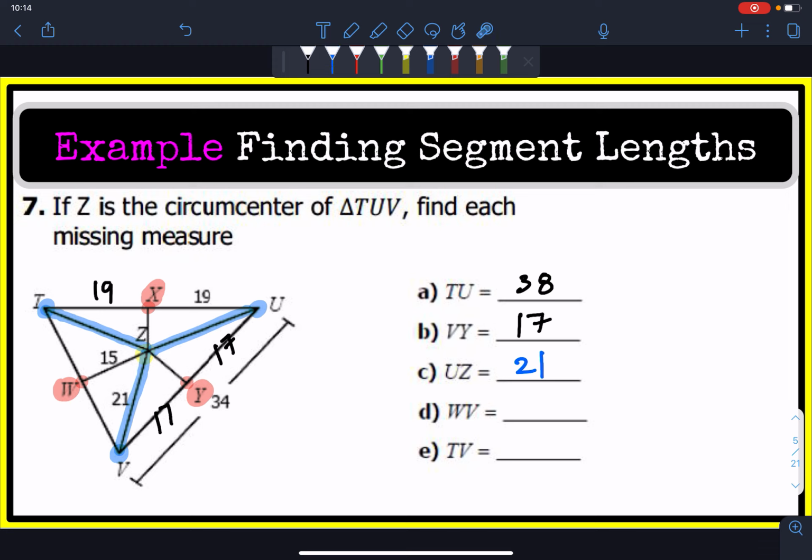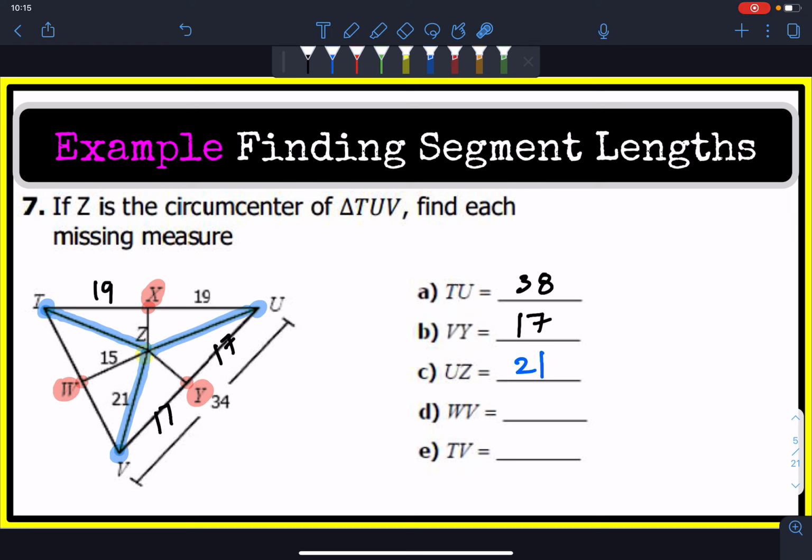Now the distance from W to V. Well, W is here to V right there. Well, normally what we have to do is just simply divide this entire length from T to V by 2, but we don't know what that measurement is. Or if we knew what this measurement was, we could figure out that measurement as well, because again, these two sides right there are congruent.